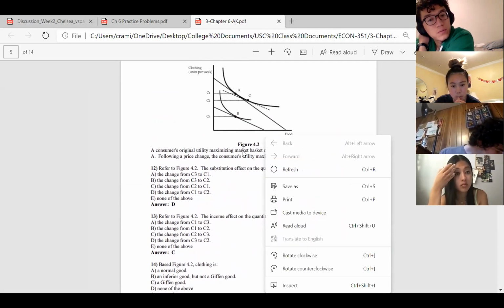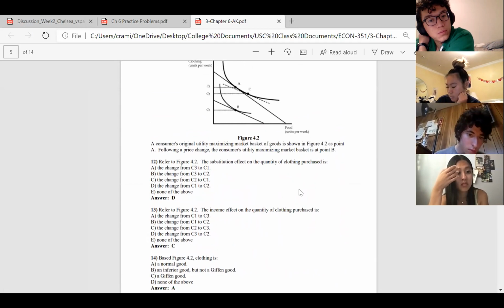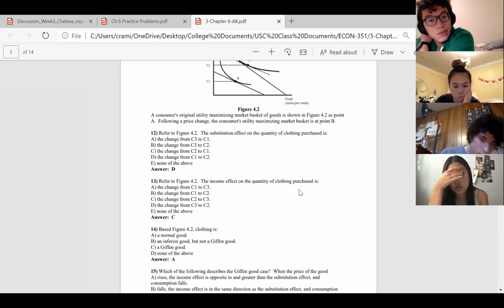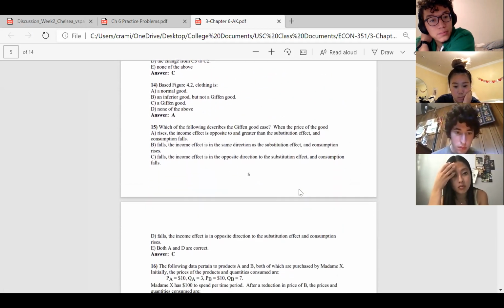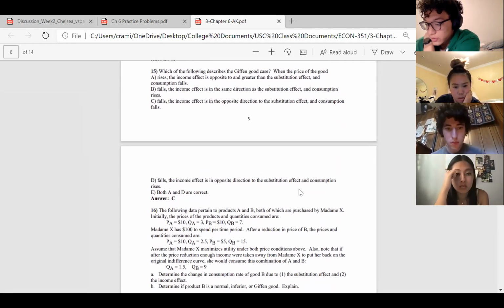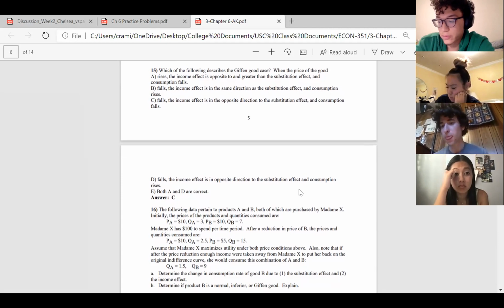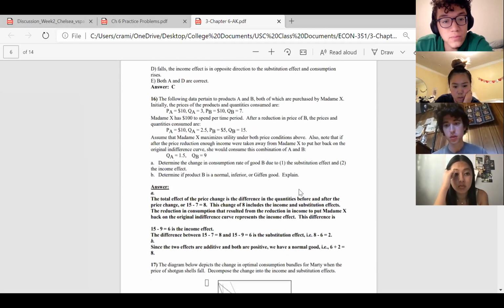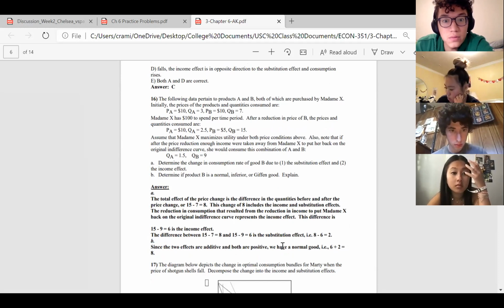Going to the graph up here. Fifteen is C. And then here's 16.